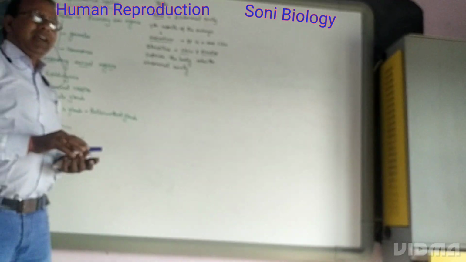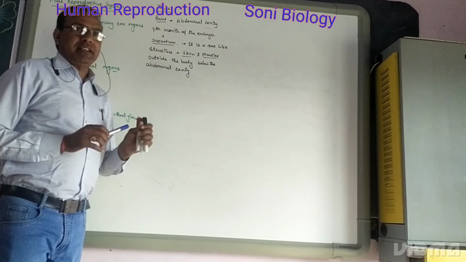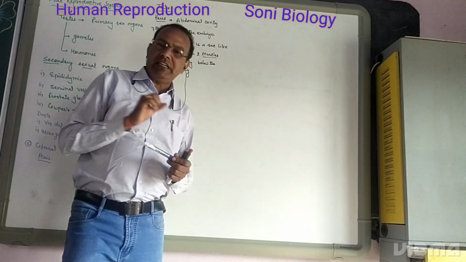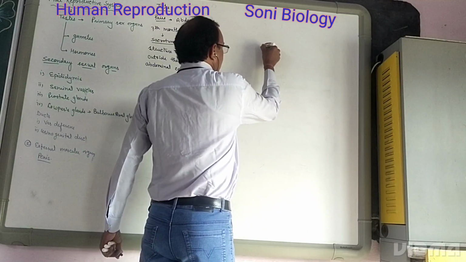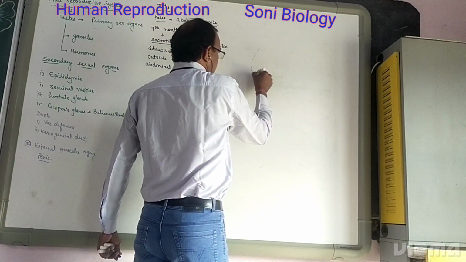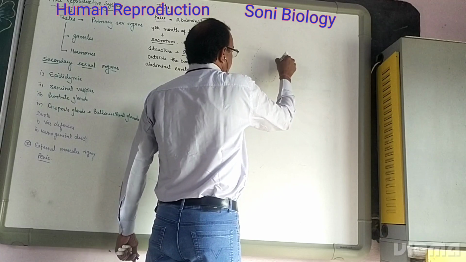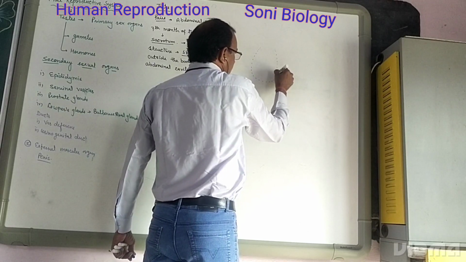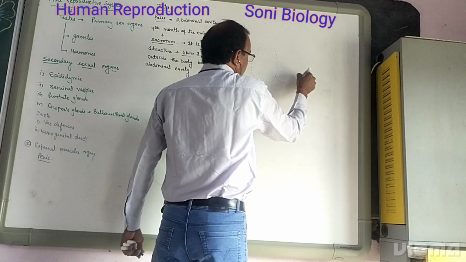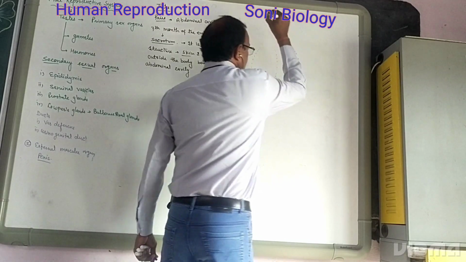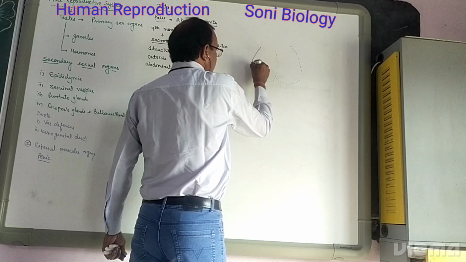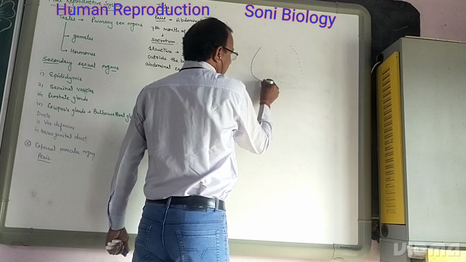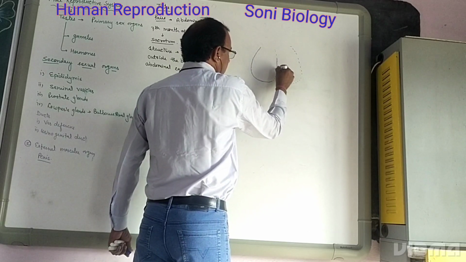How may the scrotum be designed? As we have discussed, it is made of thin skin and muscle fibers. The scrotum consists of two sacs, two pouches.